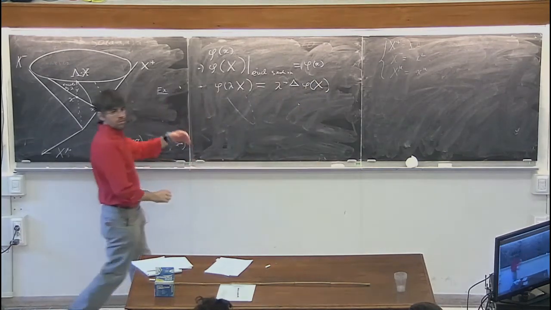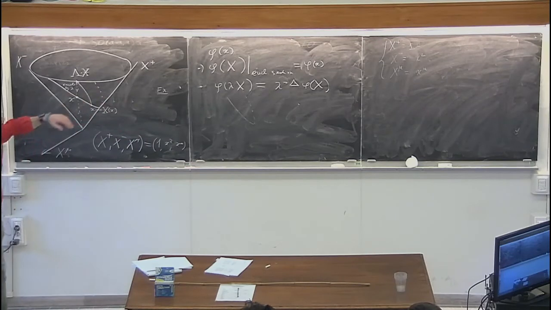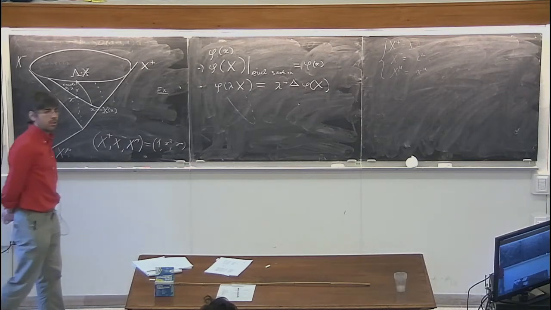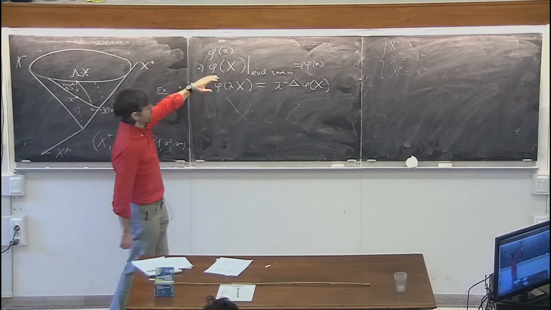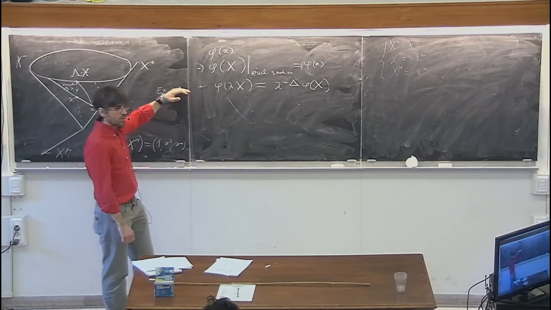So along the light ray, I extend my field homogeneously. So why these rules? Because I claim this is going to guarantee that the field phi of x transforms properly.